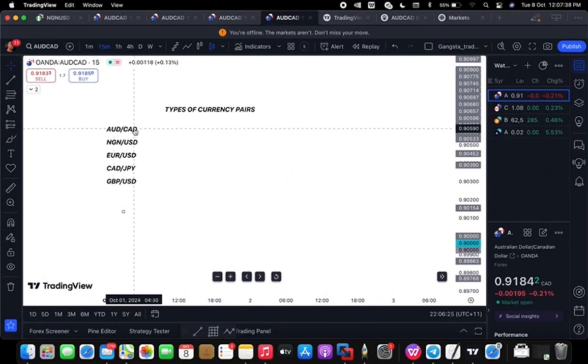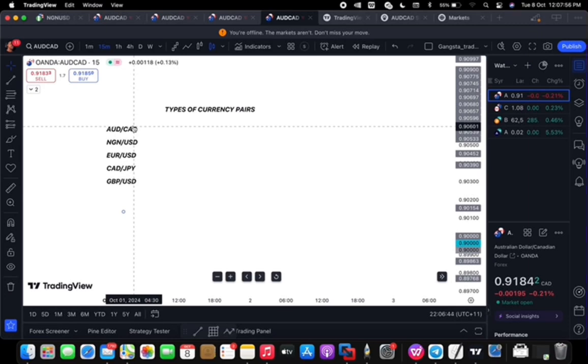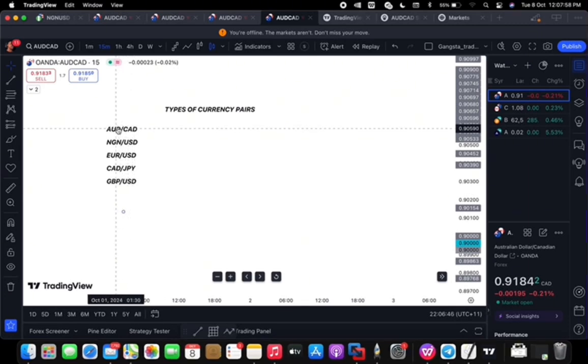So if you want to buy and sell in the forex market, say I'm buying in the hopes that AUD CAD would have more value over time than the Canadian dollar. Or if I'm selling in the hopes that the Canadian dollar, which is the quote currency, would have more value over AUD CAD in a specific period of time. The same thing goes for every other currency pair you see here.